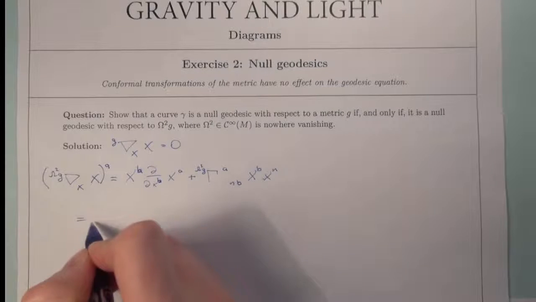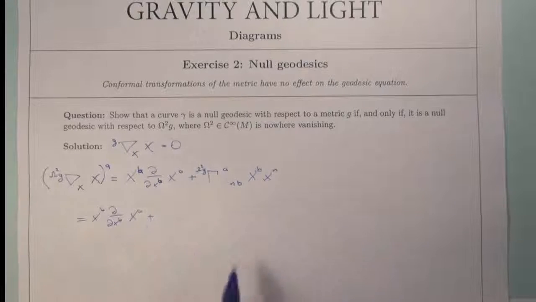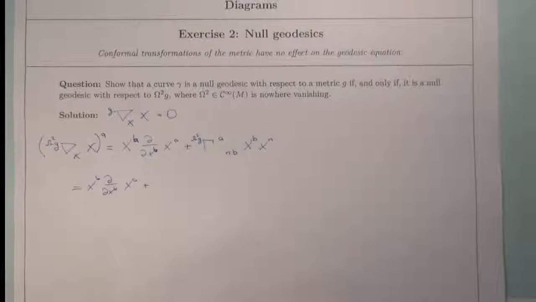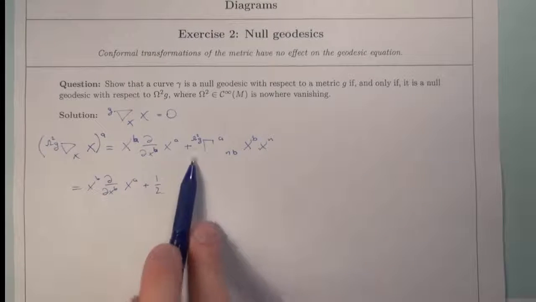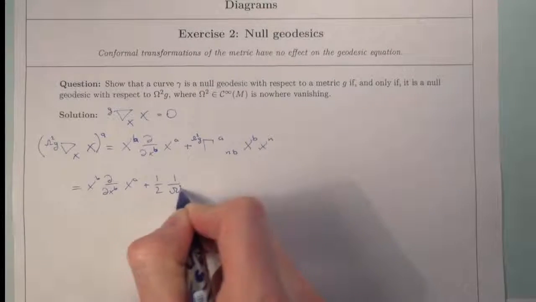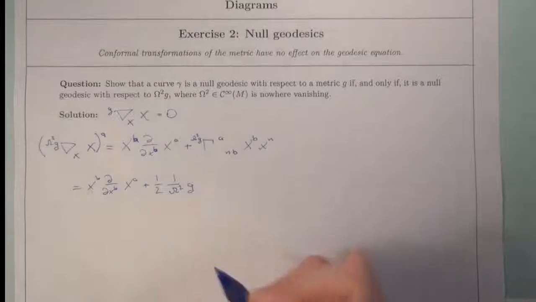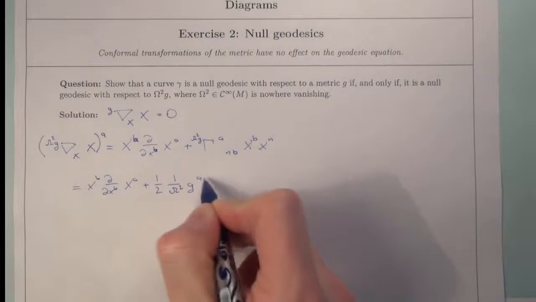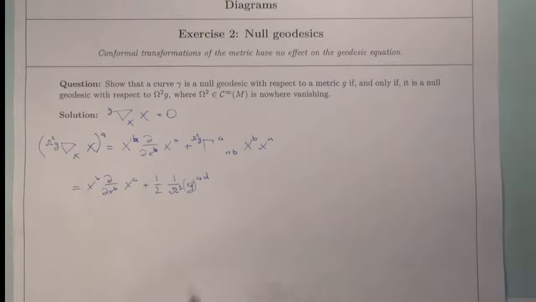Okay, we continue by just leaving this term here, and we have to write out the Gammas in order to see what happens here. So the definition was 1/2. Now we get the inverse metric in front, but in order for this to be the inverse we need the factor 1 over omega squared. Then here's the metric, and we choose indices a, d, for example. Again, we leave out the minus 1 that should be here, but you know what that means.